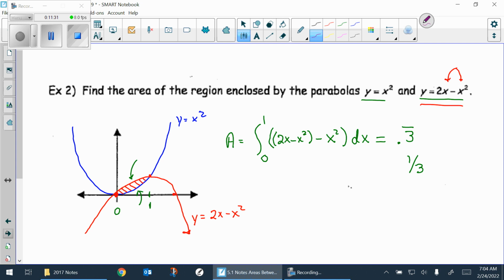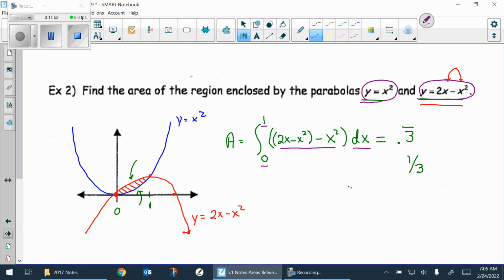Same thing happened here. We had a y equals equation. As we set up the integral, lower limit, upper limit, integrand, everything was in terms of x.